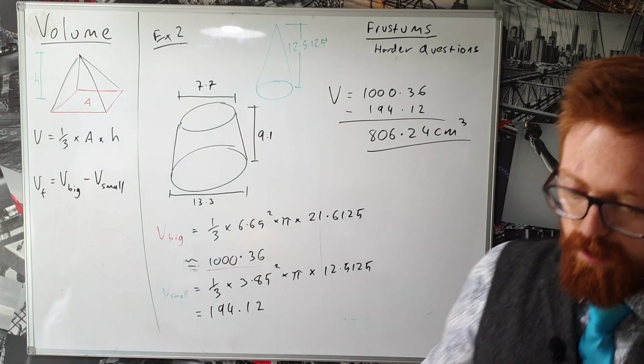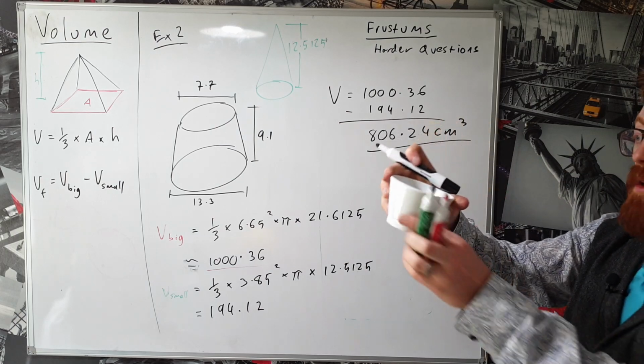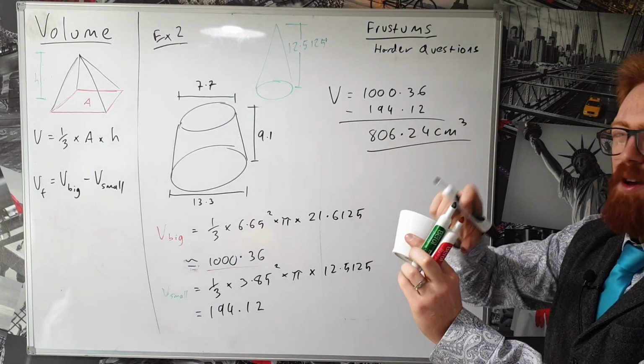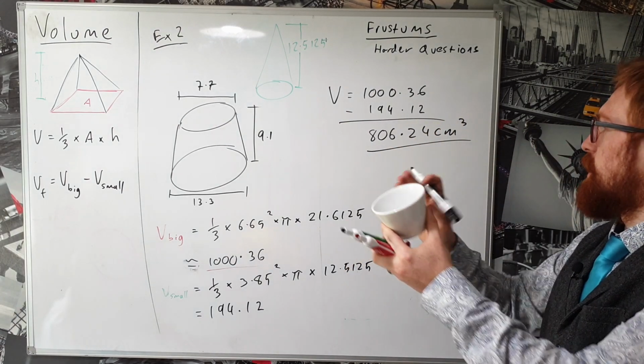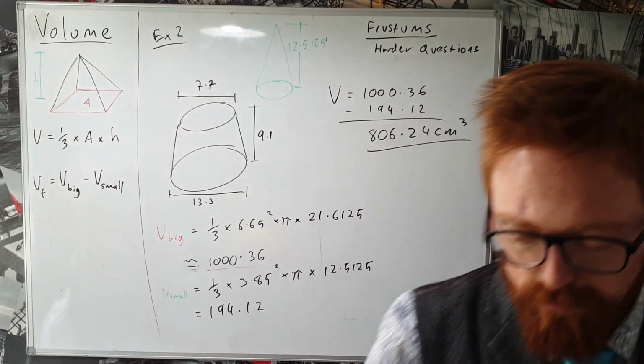Okay, so the volume of this little guy, now this is the external volume, so it's probably not its capacity. The volume of this guy, 806.24 centimetres cubed.